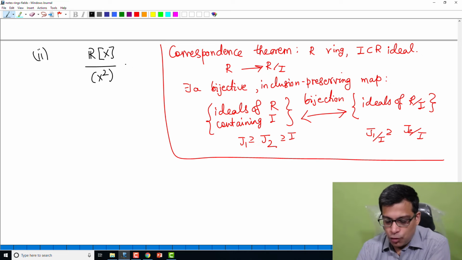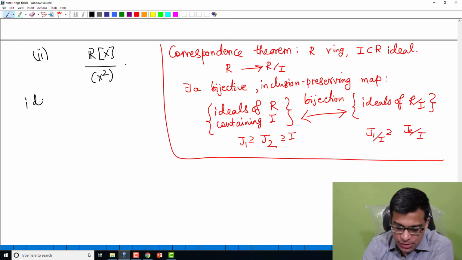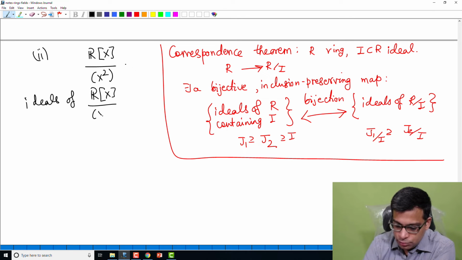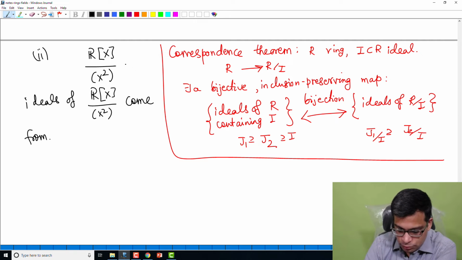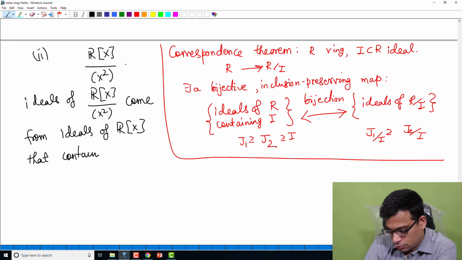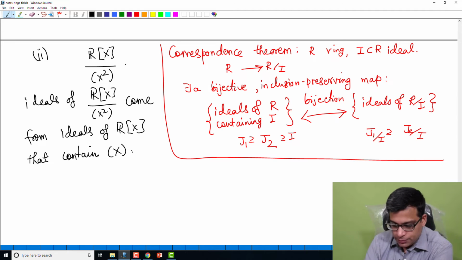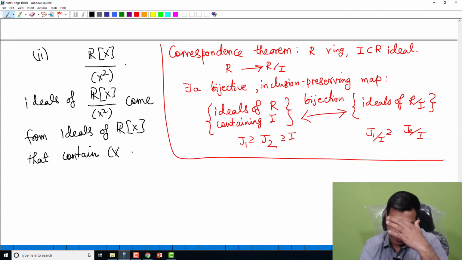So what are the ideals of this quotient ring? The ideals come from ideals of R[x] that contain x squared.